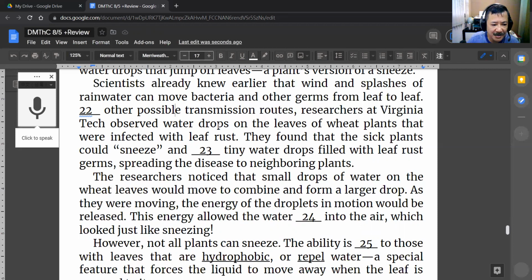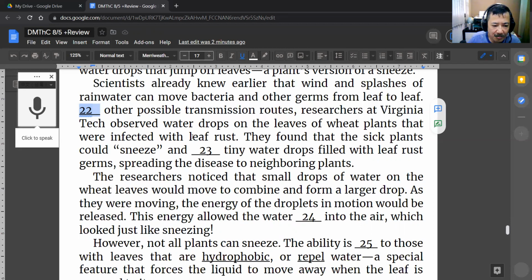Researchers at Virginia Tech observed water drops on the leaves of wheat plants that were infected with leaf rust. So they studied a kind of plant infected with leaf rust.